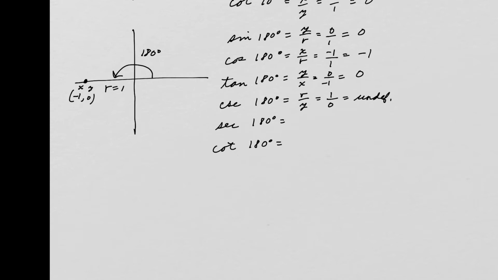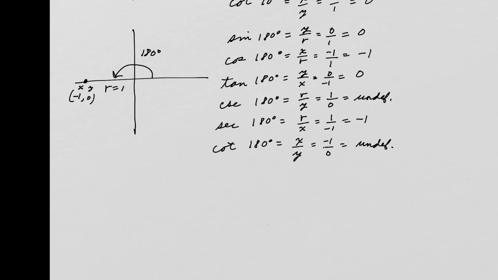Secant is going to be 1 over cosine, so that's r over x. So that will be 1 over negative 1, which is negative 1. And finally, cotangent is 1 over tangent, so instead of y over x, it'll be x over y. So that'll be negative 1 over 0. That is also undefined.